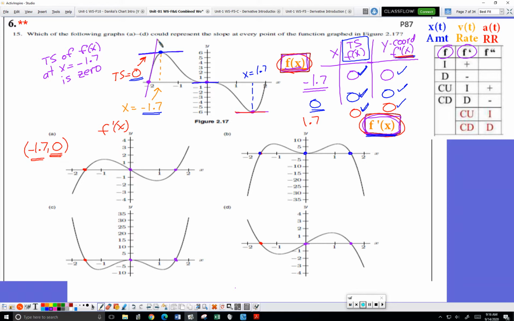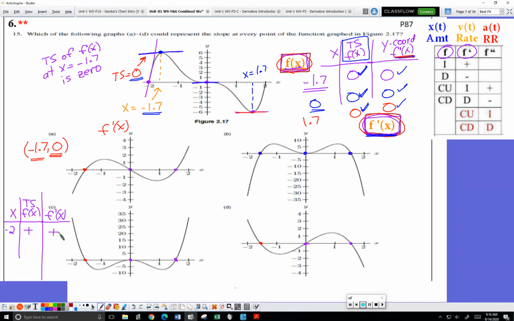That tangent slope is very, very positive at x equal negative 2. So again, chart over here. Here I am at x equal negative 2. I know my tangent slope of f is a very positive number. That means my y-coordinate on f prime must be a very positive value.